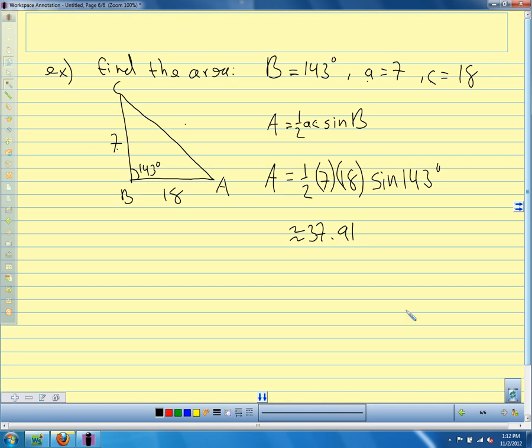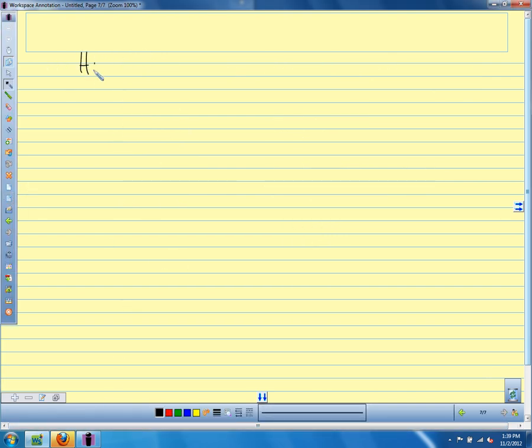All right. So hopefully you find law of sines easier than solving trig equations. Okay, homework. Page 416.